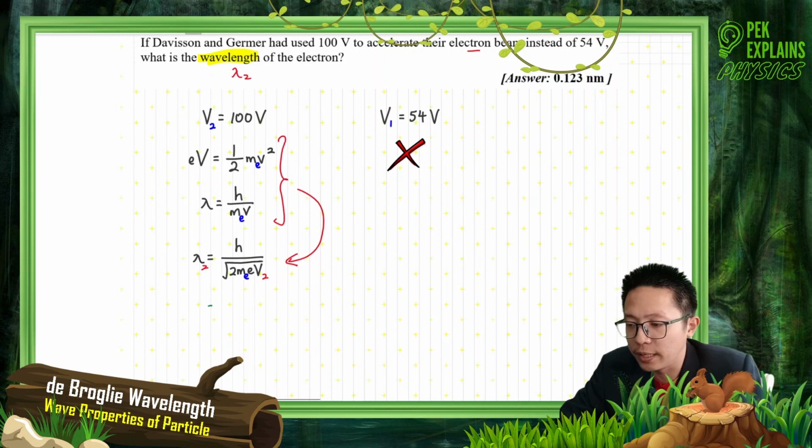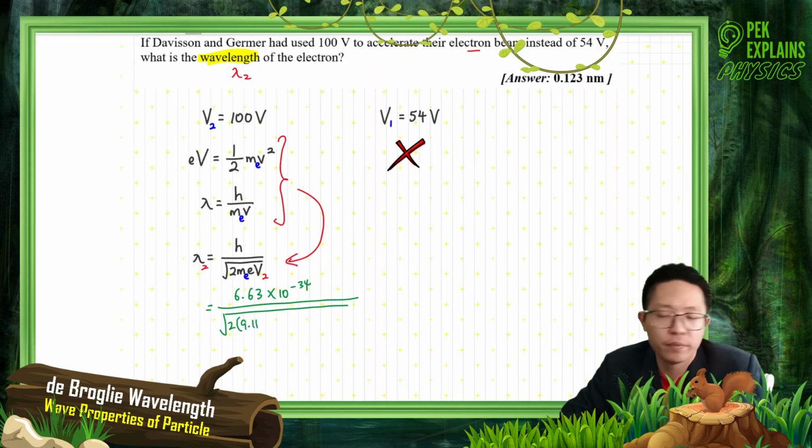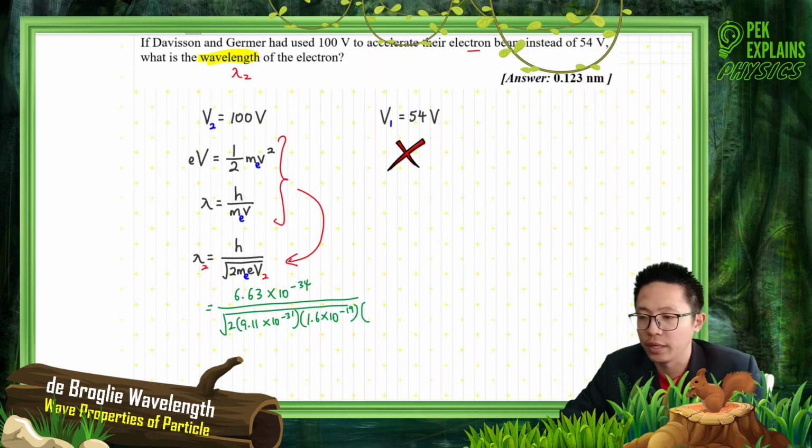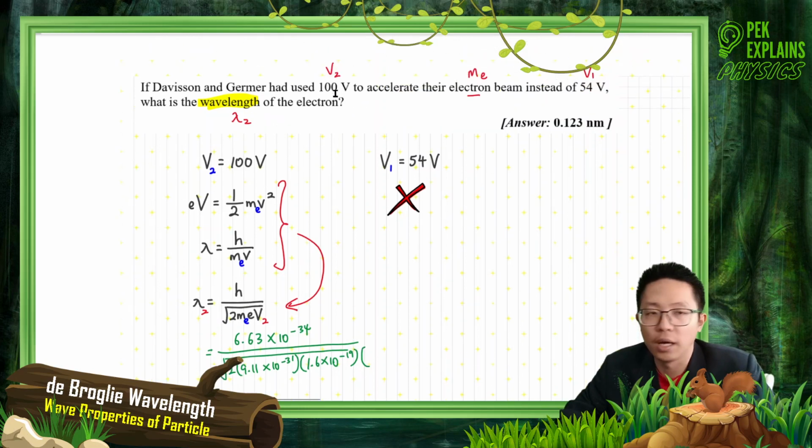Okay, so h is also a constant value, 6.63 exponent negative 34. Then divided by this, which is quite a long one: 2 times the mass of the electron, 9.11 exponent negative 31, and then the electron charge, 1.6 exponent negative 19 coulomb, and then the voltage is 100 volt.